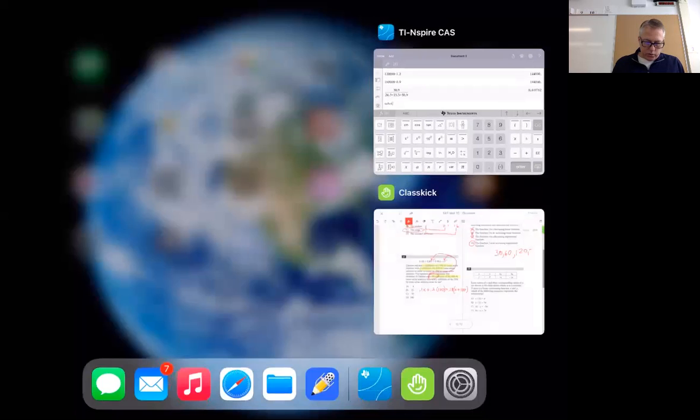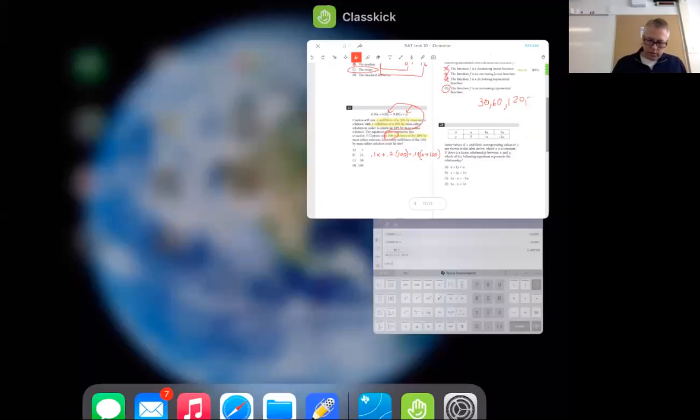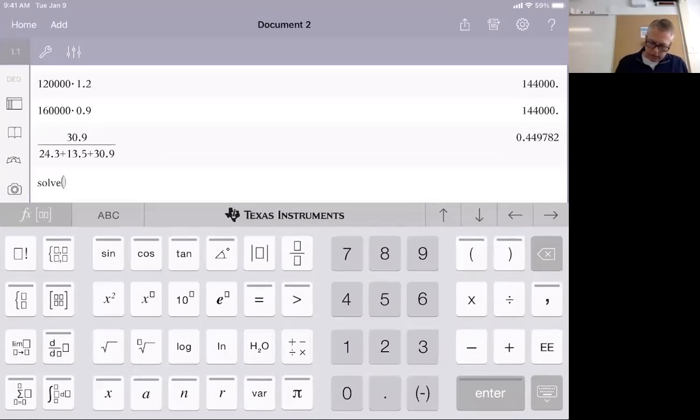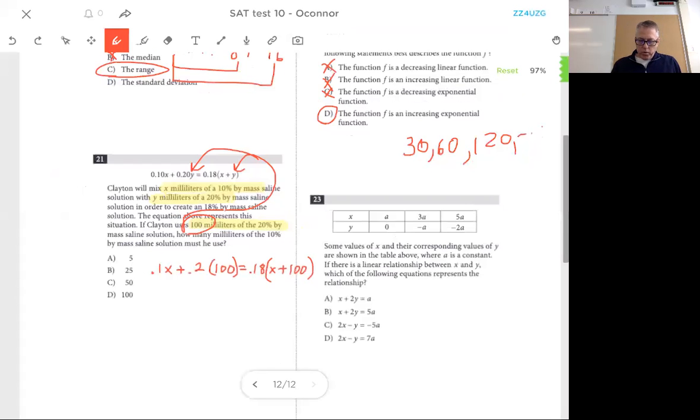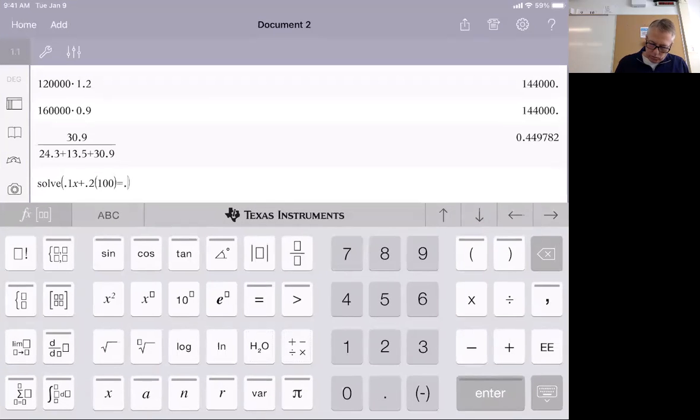I want to solve this equation, 0.1x plus 0.2 times 100. I'm going to start typing it in just the way it looks: 0.1x plus 0.2 times 100 equals 0.18 times x plus 100.